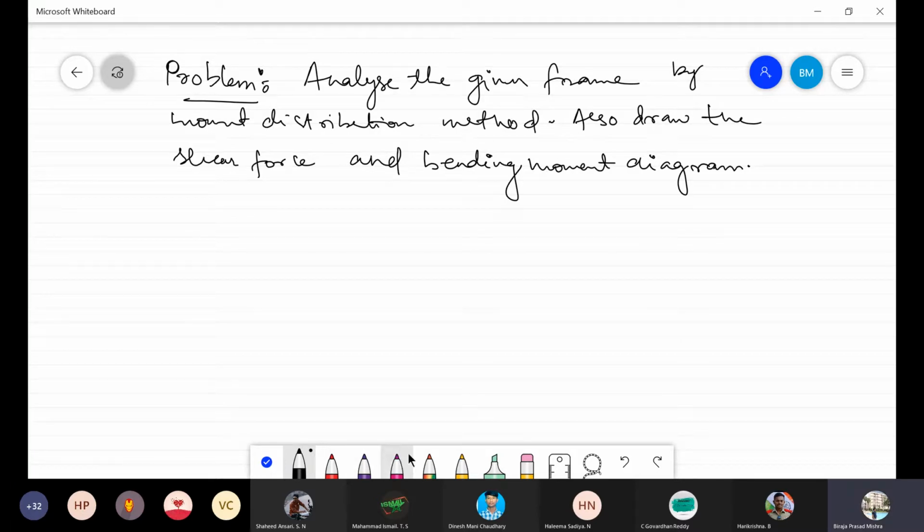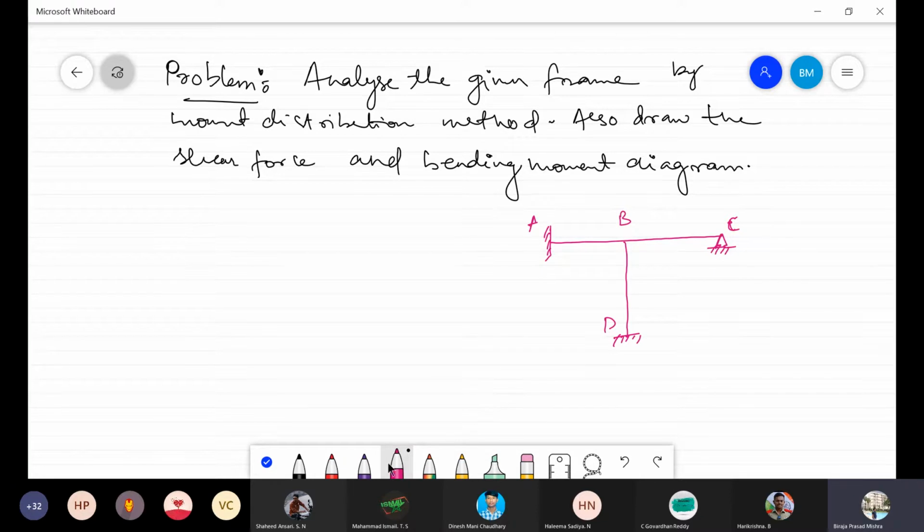Okay, so the frame is somewhat like this. This is fixed. This is A. This is C. This one is again fixed. This is D. Okay, so here anything else is there?